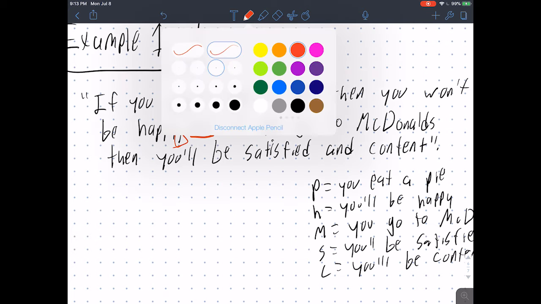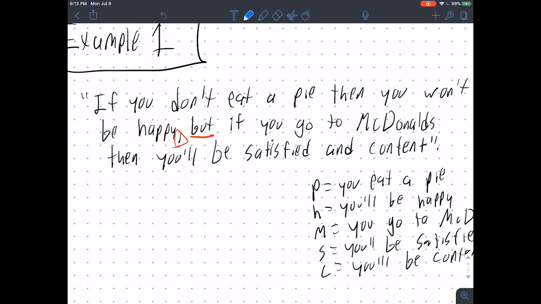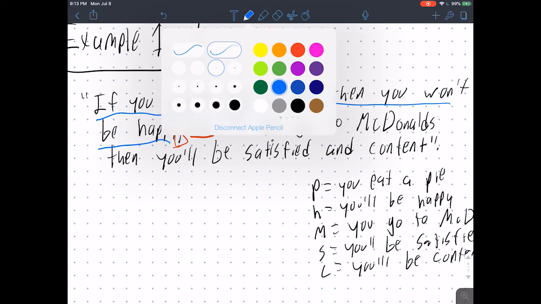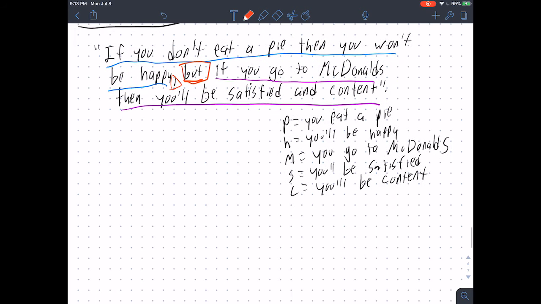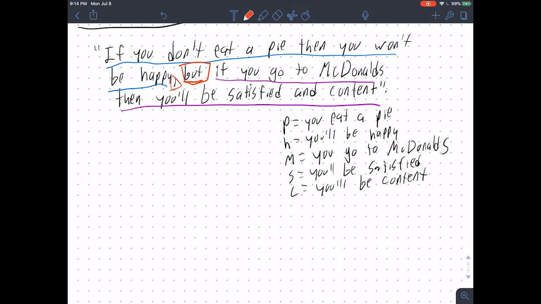What that tells us, most of the time anyway, since English is a weird language, is that everything to the left of that comma is going to be in one big group, and everything to the right of that comma is going to be in a different big group. And the sentence as a whole, because we have this but right after the comma, is a conjunction. So the structure of the sentence is going to be a conjunction in the middle. We don't know how many dots to put in yet, but that's all right.